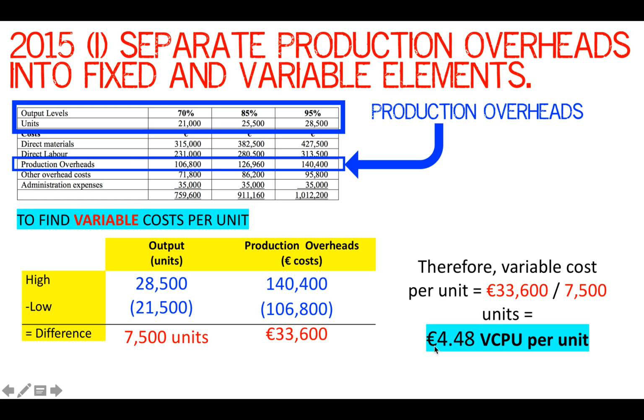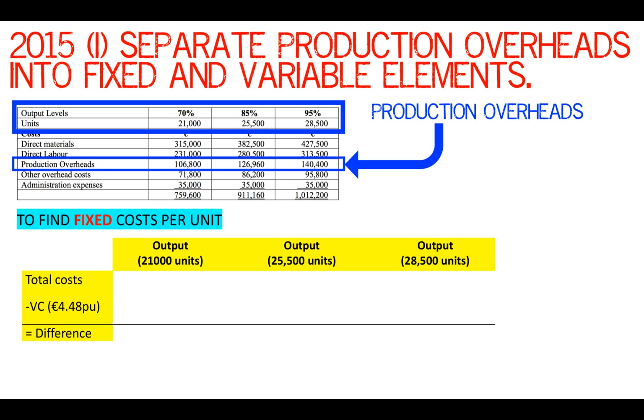And now we're going to use this figure here, the €4.48 variable cost per unit, to help us work out what the fixed costs must be. Because we know what the total costs are, and these total costs include the fixed costs and the variable costs.